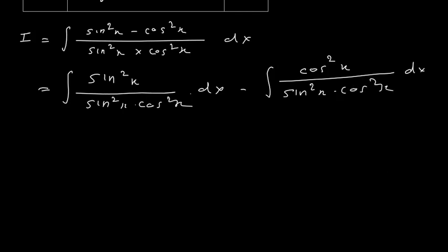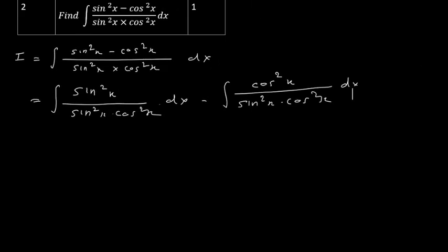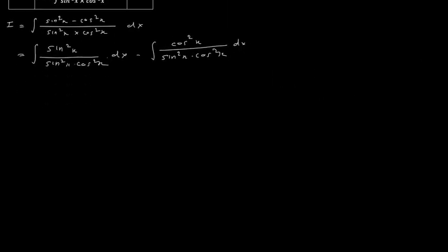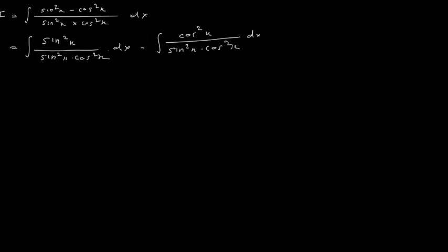Now this 1 sin square will cancel. So I have 1 upon cos square x, which will be sec square x. So here I will get sec square x dx minus here cos square cancels, so here it is cosec square x dx.